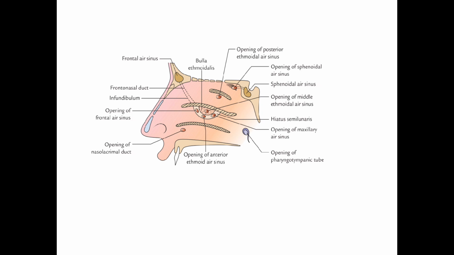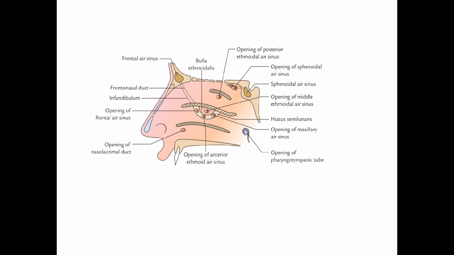Now, the opening of the posterior ethmoidal air sinuses is at the superior meatus. The opening of FAME is at the middle meatus.